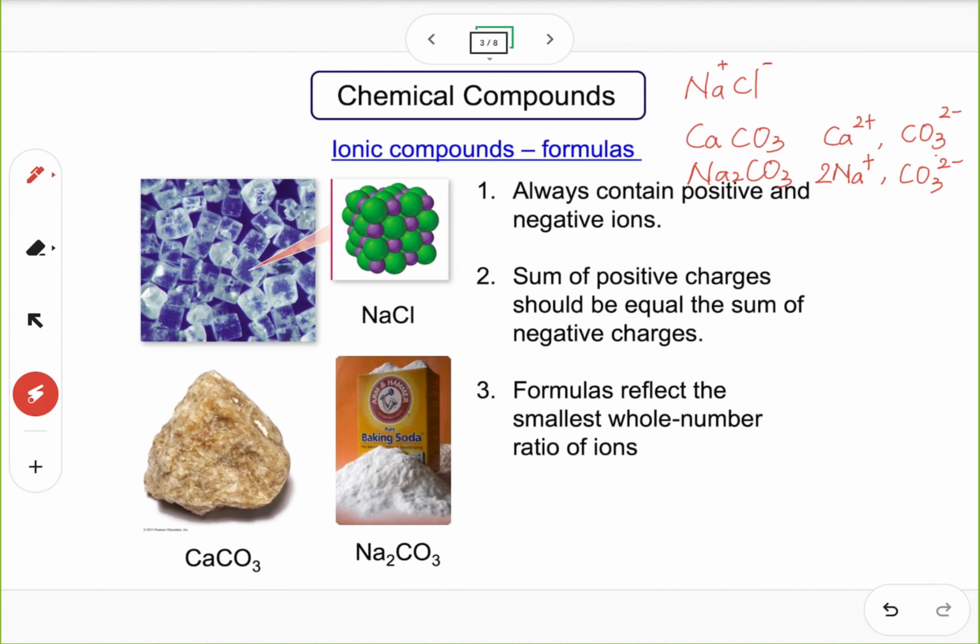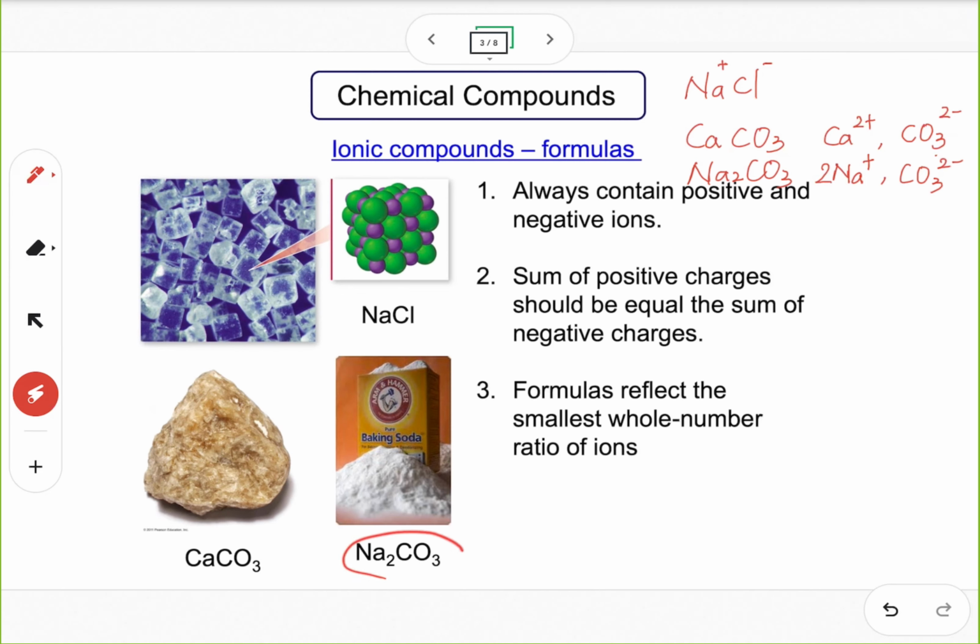Now, the third property: formulas reflect the smallest whole number ratio of ions. If you happen to remember what we discussed in the first topic of chapter 4 regarding empirical formula and molecular formula, we said that the empirical formula reflects the smallest positive integer ratio of the atoms in a formula. Well, for an ionic compound, the empirical formula is the molecular formula.